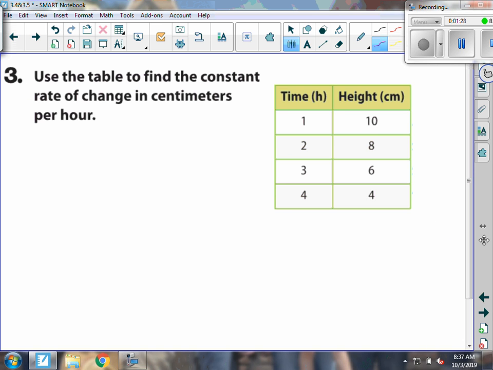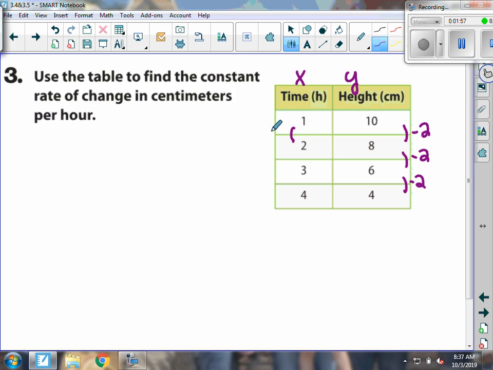Okay, copy this one down. Use the table to find the constant rate of change in centimeters per hour. So we're looking at centimeters per hour. A constant rate of change, if you remember, is your change in y over your change in x. So we have x and y. I look here. This is going down 2.